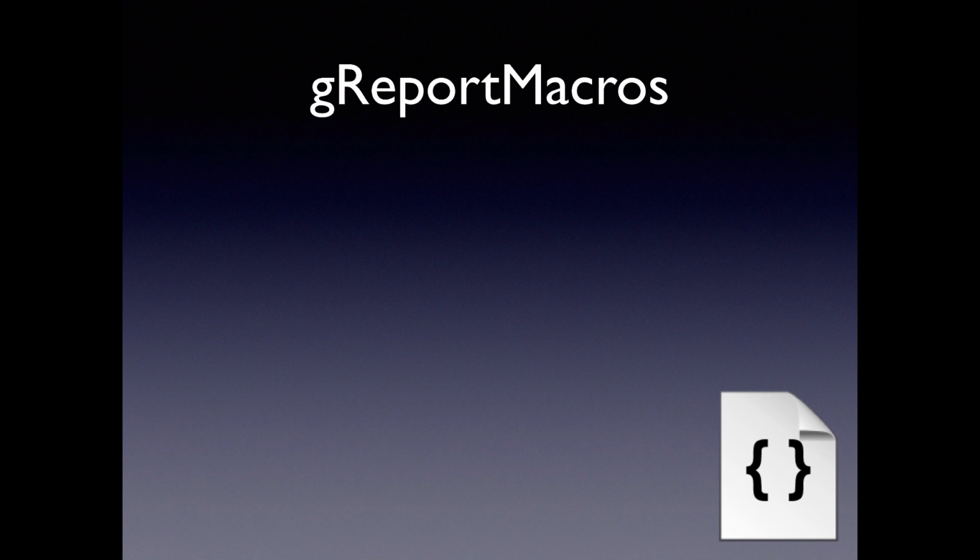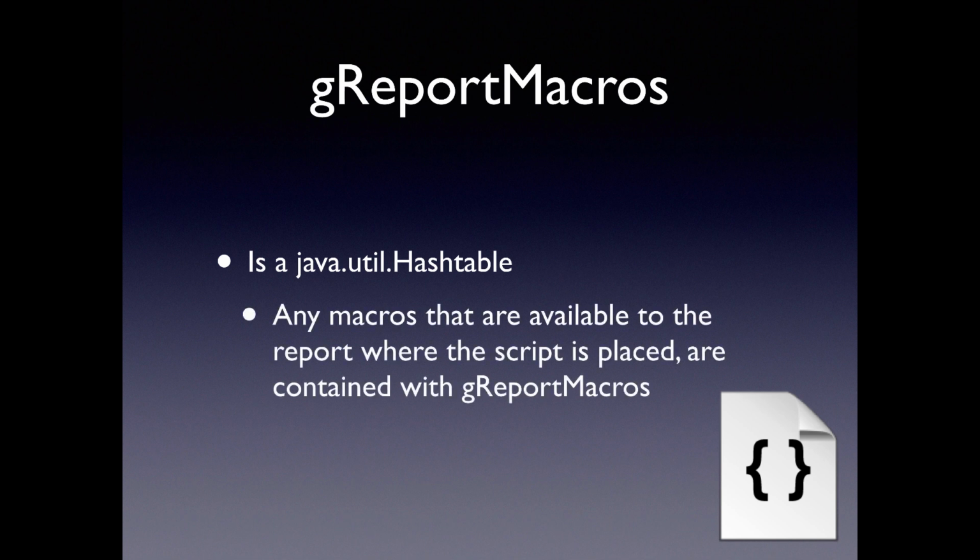The g_reportMacros is a hash table, java.util.Hashtable, and it contains all of the macros that are available to the report at the point at which your script is placed in the report. So, for example, your script could be inside of a unit list.